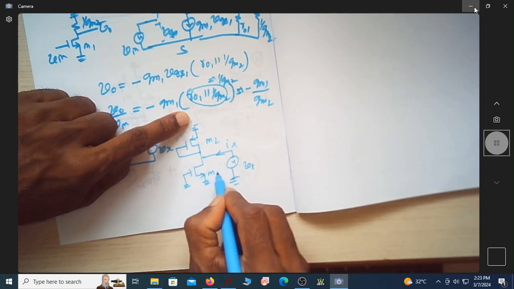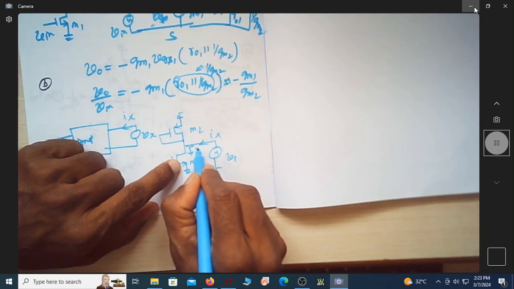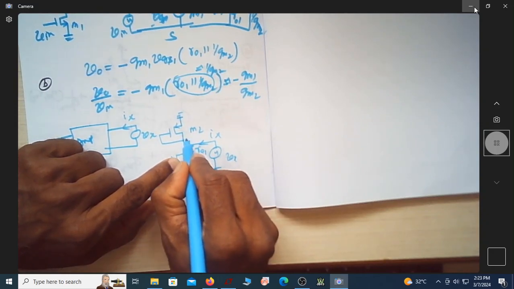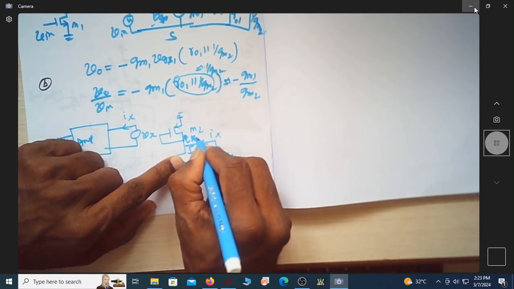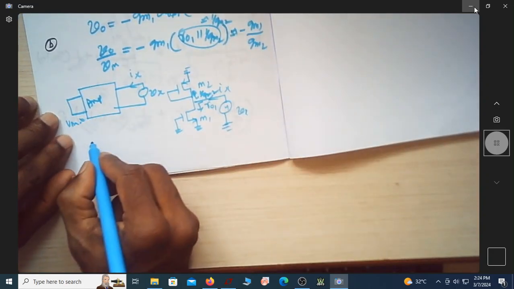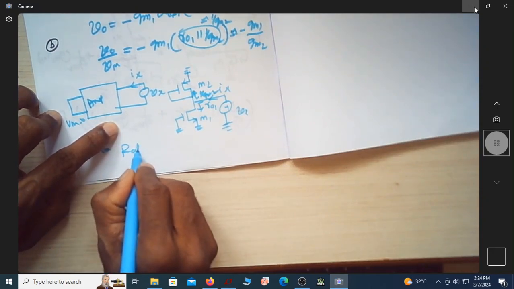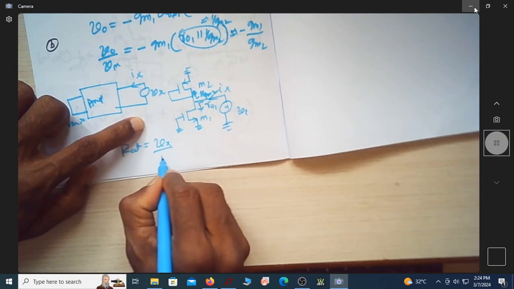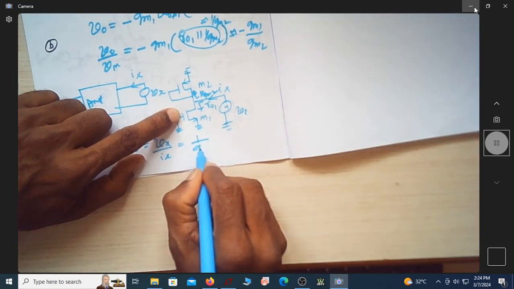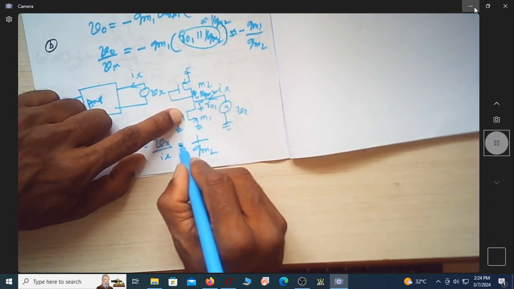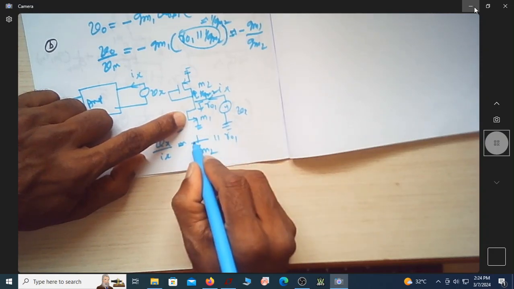This is now M1. Since you are looking towards the drain, it is r01. You are also looking towards the drain here, but gate and drain are shorted, so this is effectively 1 over gm2. So Rout is nothing but Vx by Ix, which is the resistance looking up, 1 over gm2, an approximate value, in parallel with the resistance looking down, r01.